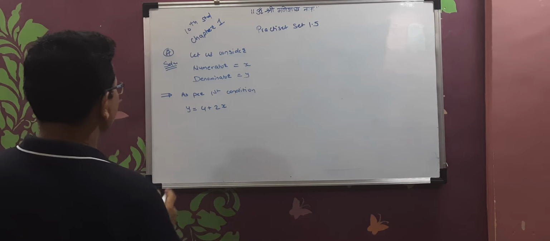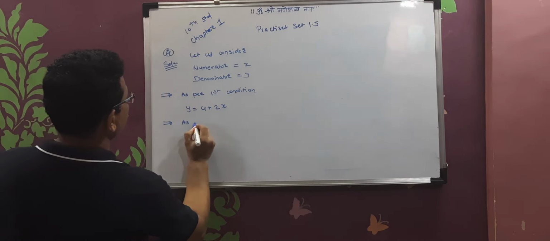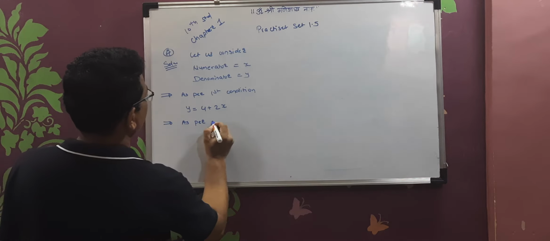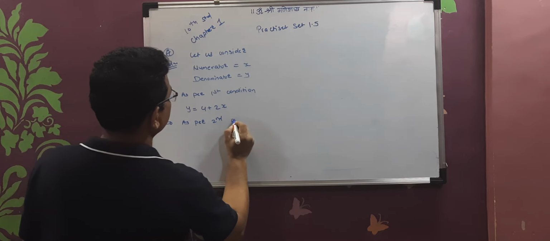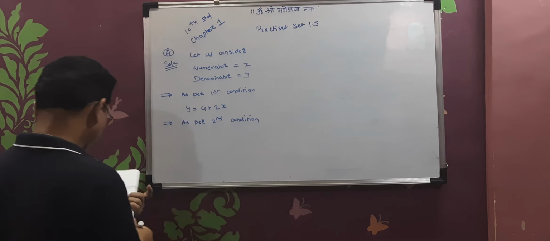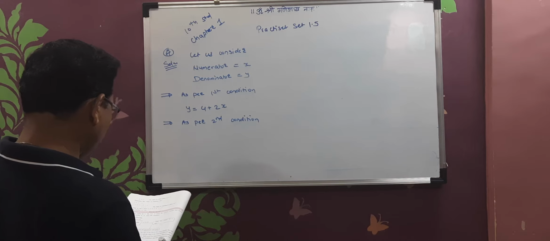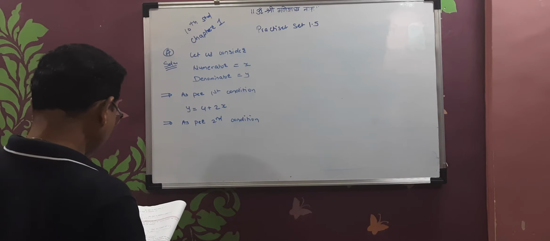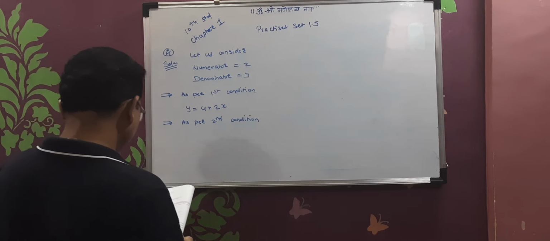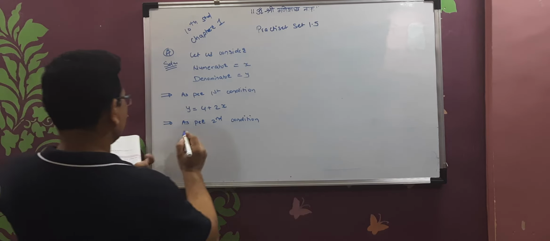This is first condition. What is the second condition? So as per second condition, denominator becomes 12 times the numerator if both the numerator and denominator are reduced by 6.